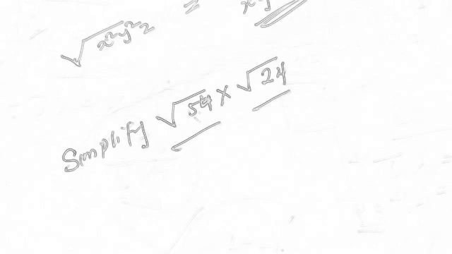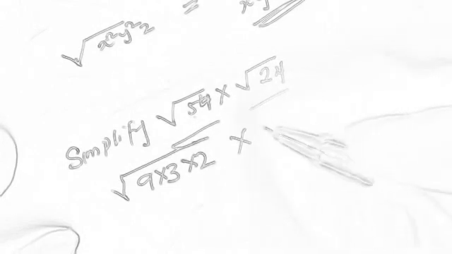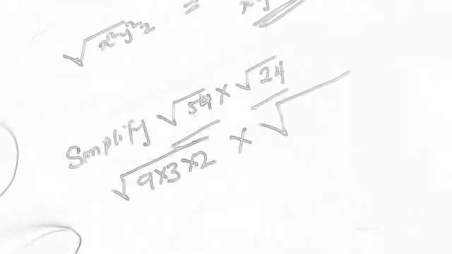We can actually do it like this: 54 divided by 2 will give us 27, and 27 divided by 9 will give us 3. So we have square root of 9 times 3 times 2, which gives 54. The same thing happens here too.